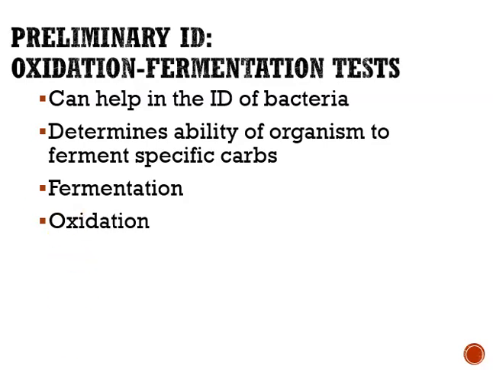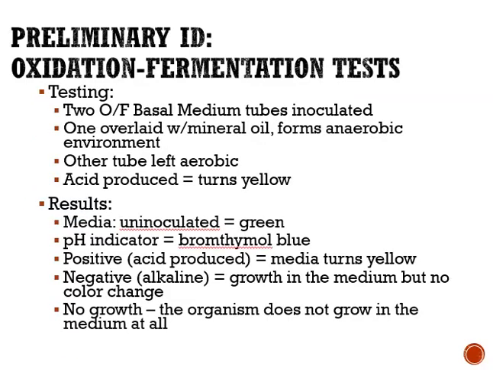So oxidation is an aerobic process of producing energy, so it further metabolizes the acid that's formed from fermentation into CO2. The process of oxidation requires oxygen since it's an aerobic process.